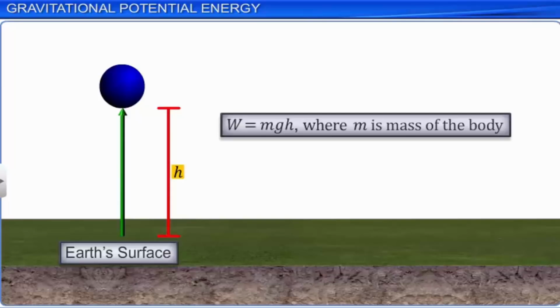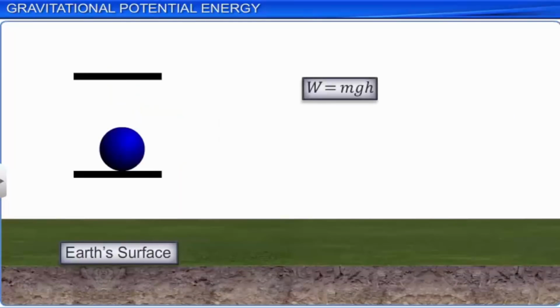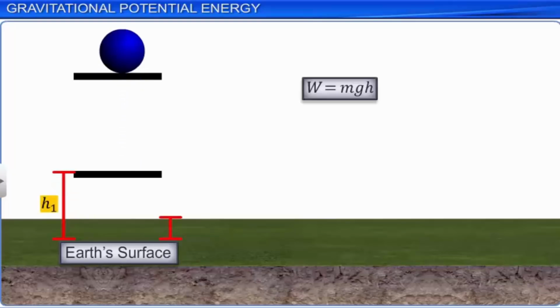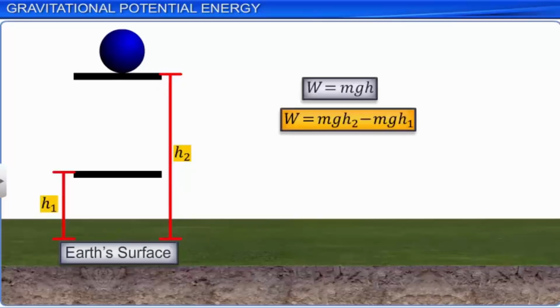Now consider a body moved vertically from a point at a height h1 to another point at a height h2 as shown. The difference in the gravitational potential energy at these 2 points is equal to the work done by the force applied on it while lifting it through the height between the 2 points.